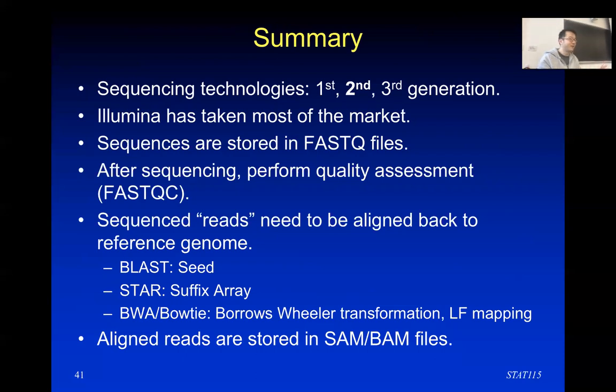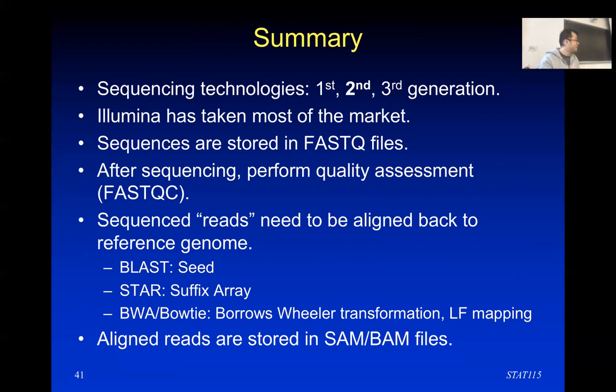It has four lines, which tell you the nucleotide sequence of that read and its quality. Anytime you have a data set, before you do any downstream analysis, it's always a good idea to run FastQC to see whether the data set is good or not. If it's bad, it's not worth your time to analyze it.